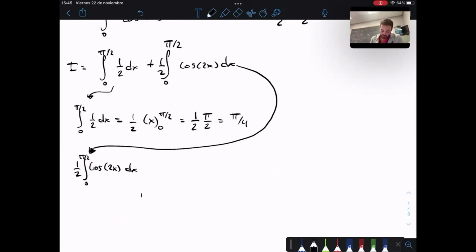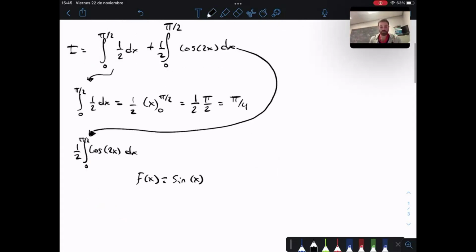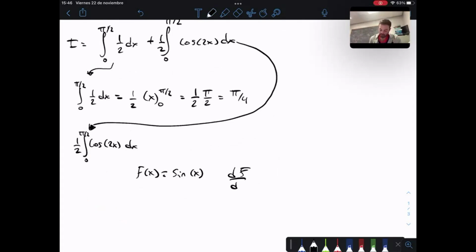We know that the derivative of sine of x is going to be equal to the cosine of x, right? Which means that our solution to our integral must involve 1/2 times sine of 2x.